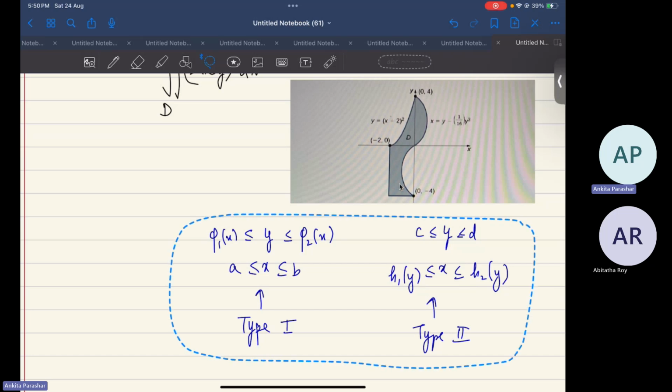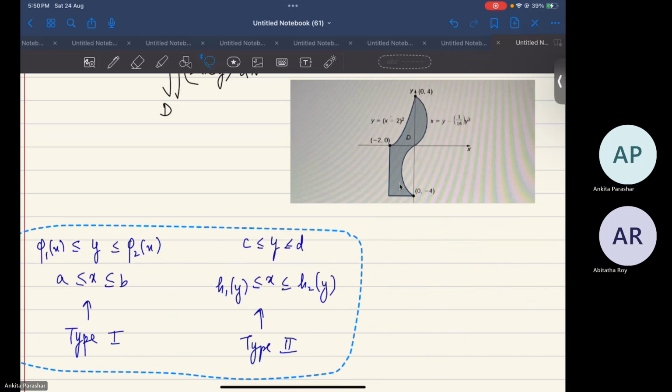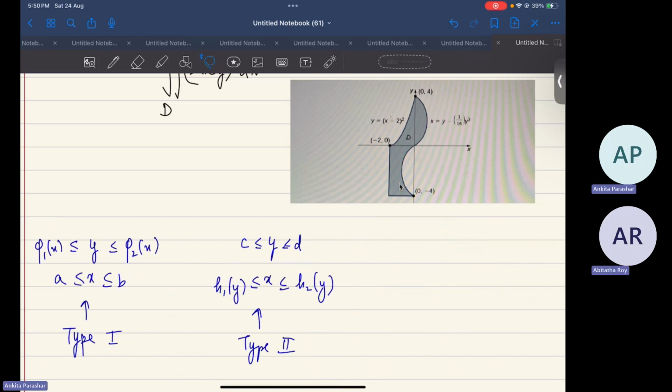Type 2 fully? I think so. Okay, if you think so that way, let's see if that is the case. Just a moment. Okay. Well, I don't think so. It is not completely a type, because let me see how.